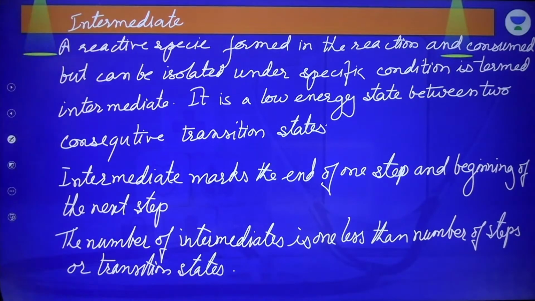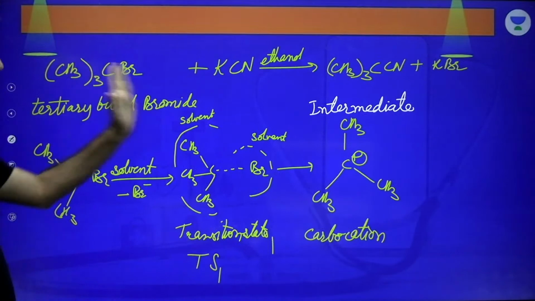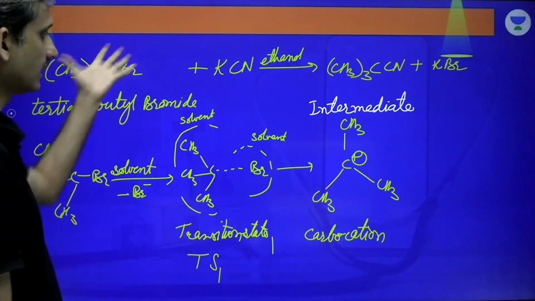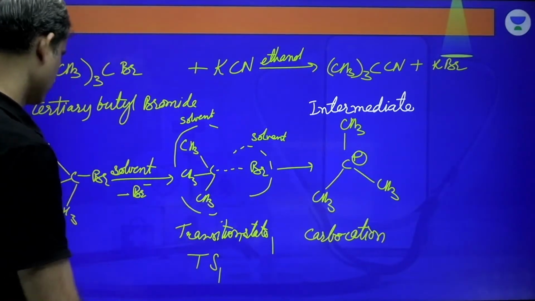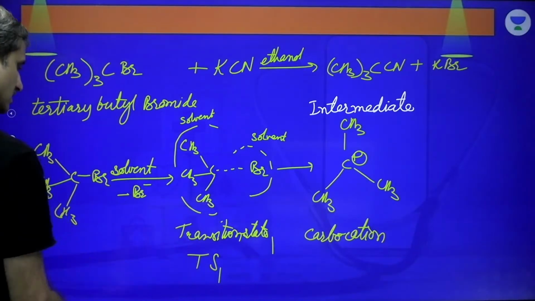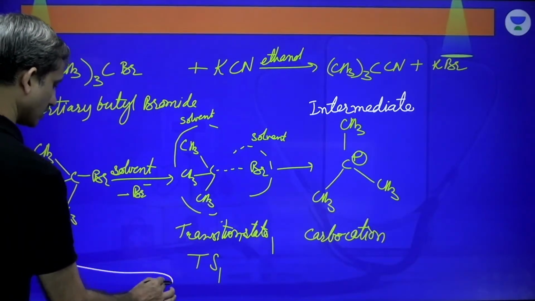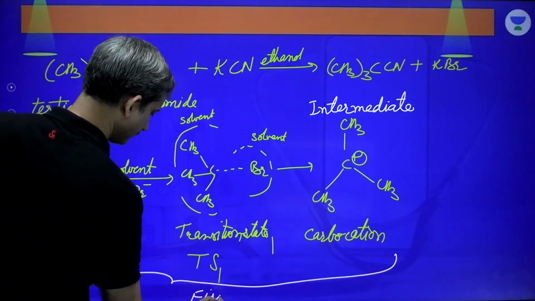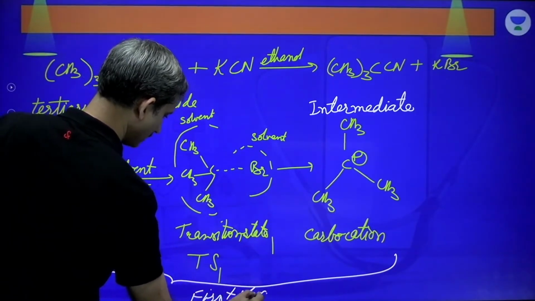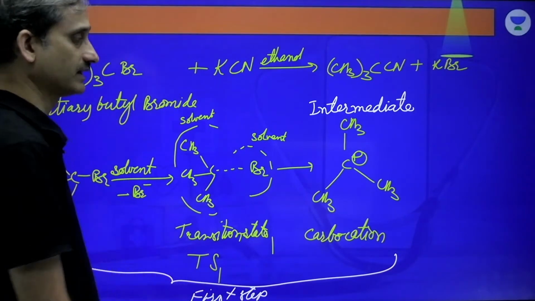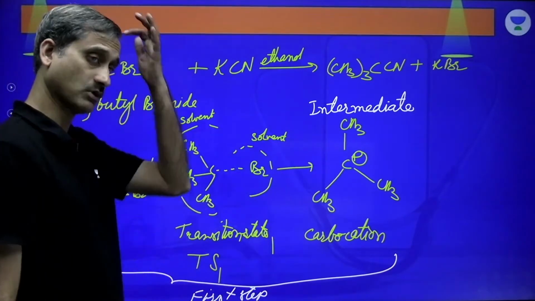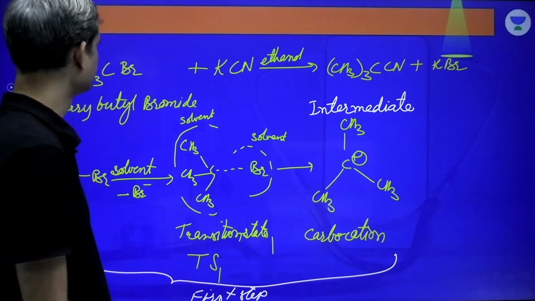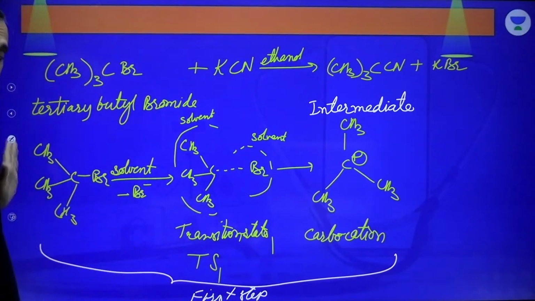So having talked about what is an intermediate, this is the first step of the reaction. So this transition state 1, this is what we talk about as the first step of the reaction, and we end up with an intermediate, the carbocation as an intermediate. Anything you want to ask here?